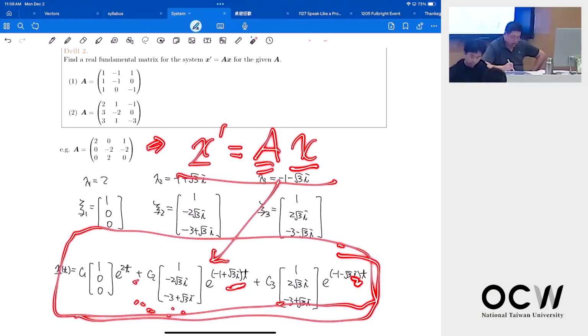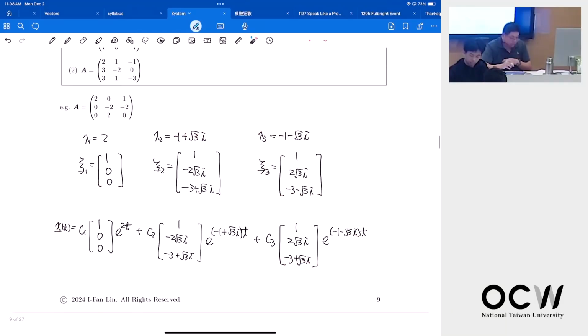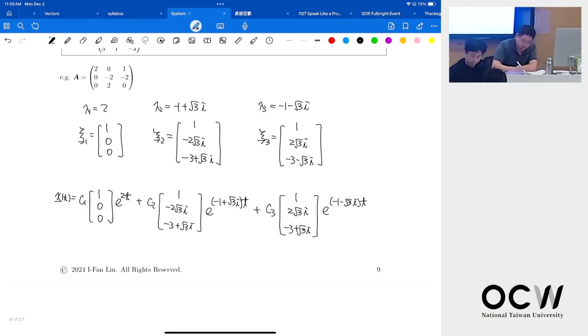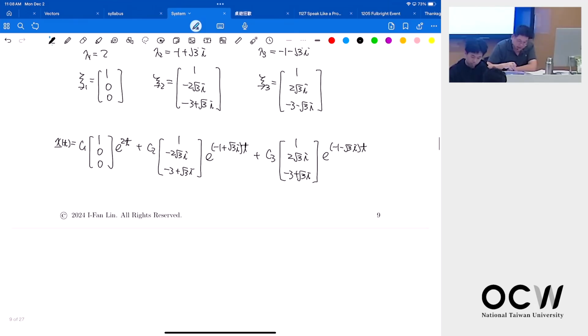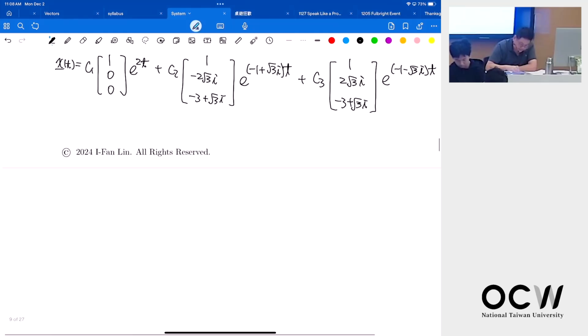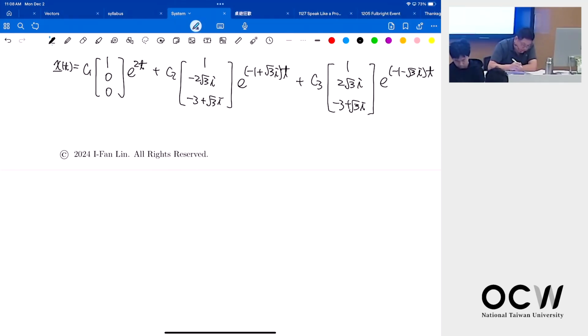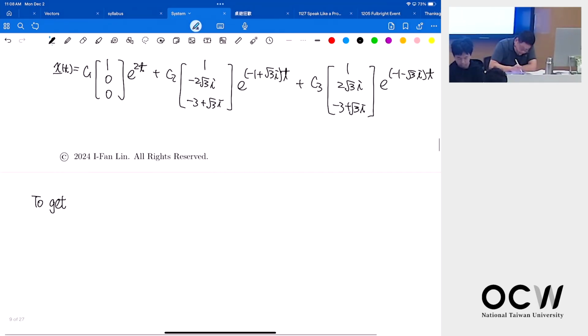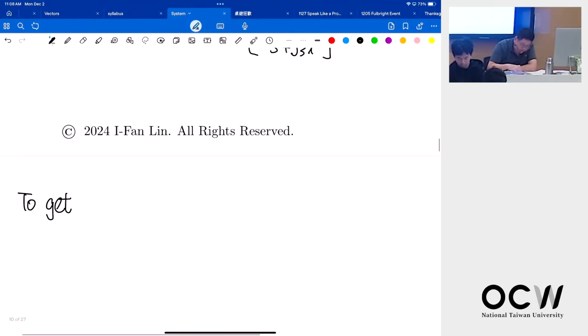To do this, we need to manipulate a little bit, just like what we learned for the single equation. So we need to use the Euler formula.